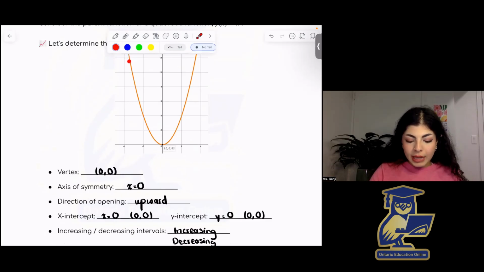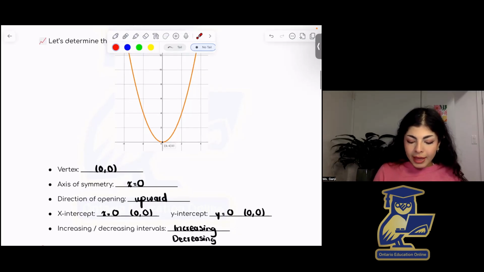So here we see that as we are coming towards this side from the left, we go from our negative numbers towards 0, we are actually decreasing. And then at 0, we turn and we go upward, so we are now increasing. So we have a positive interval there.